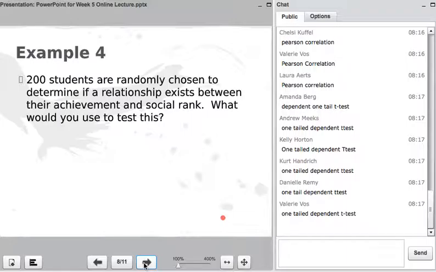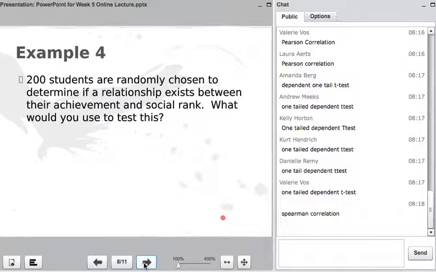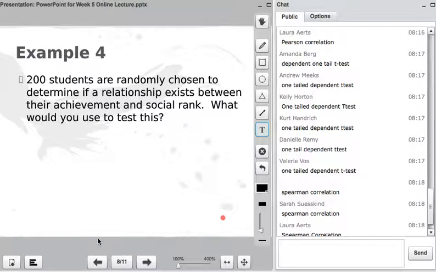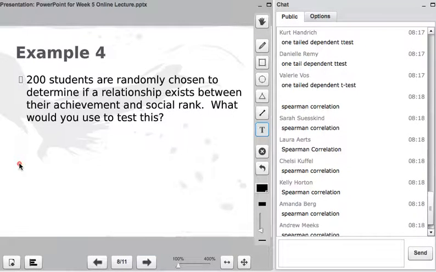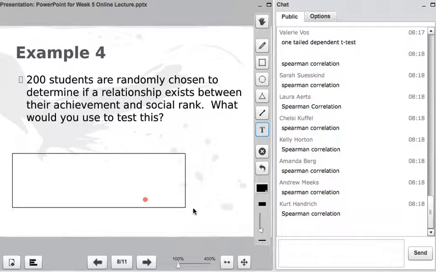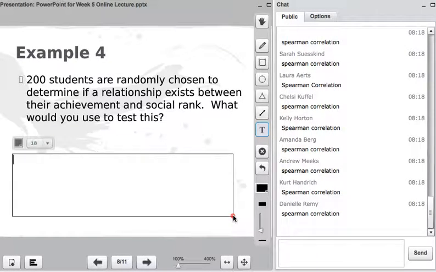200 students randomly chosen to determine if a relationship exists between achievement and social rank. What are you going to use? Nice. Okay, good. Spearman correlation. We know it's a correlation because we're looking for a relationship. We know it's a Spearman because here we have social rank.